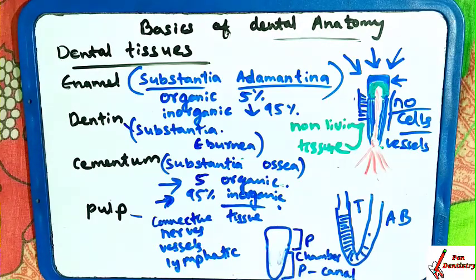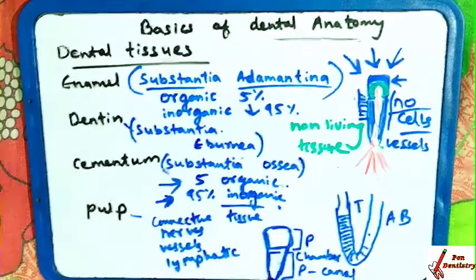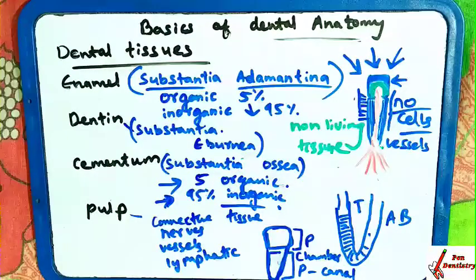The upper part makes a chamber-like, room-like area, and the lower part is getting thinner and thinner. Here it is broad, and as you go down the root it becomes thinner, which is why it is known as a canal. So these are the dental tissues: enamel, dentine, cementum and pulp.